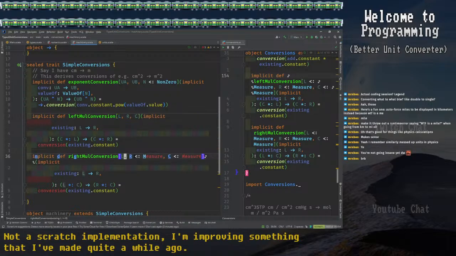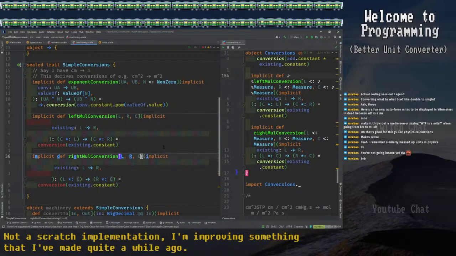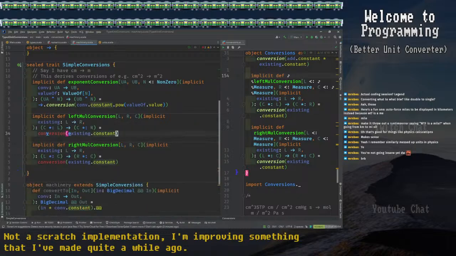Remove this, remove this, and remove that. Yeah, okay. Put these in. Nice. So these are essentially saying if I have two units that look like this, then I don't have to do anything dumb. To derive this conversion, it's just this, because this unit is the same, so I don't have to do anything dumb here.